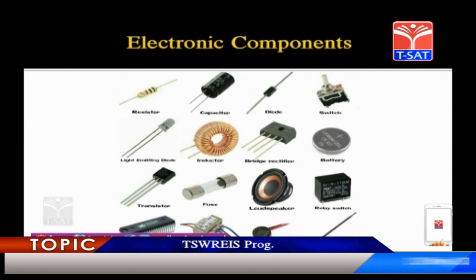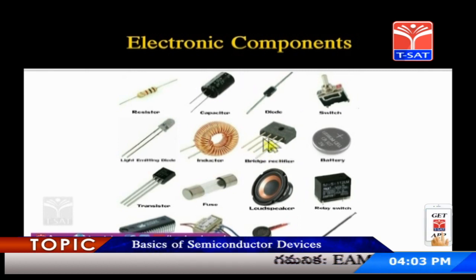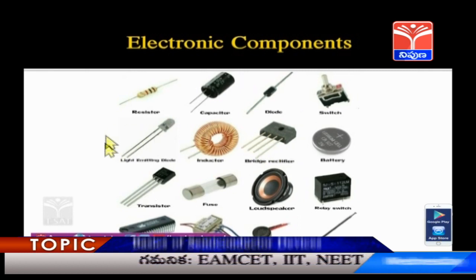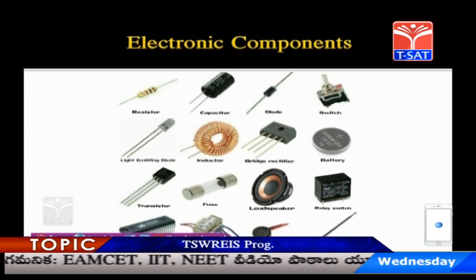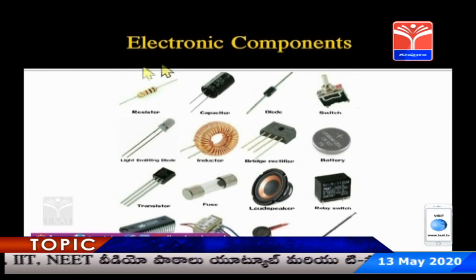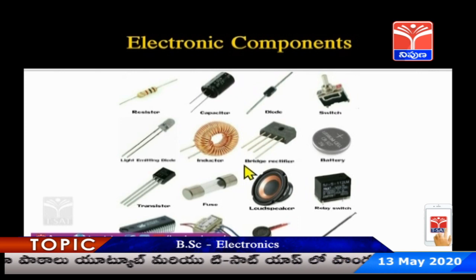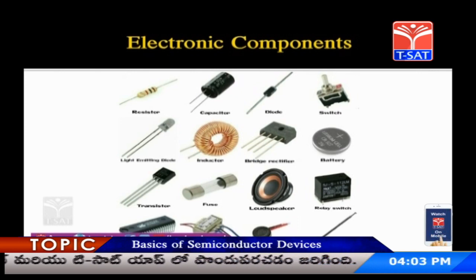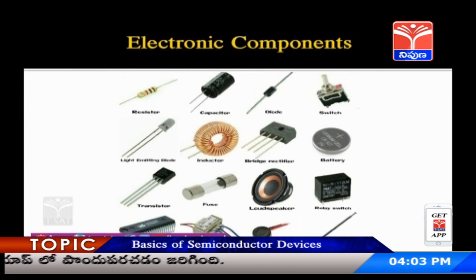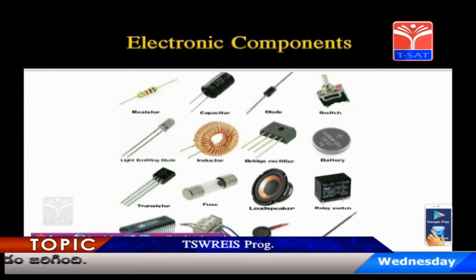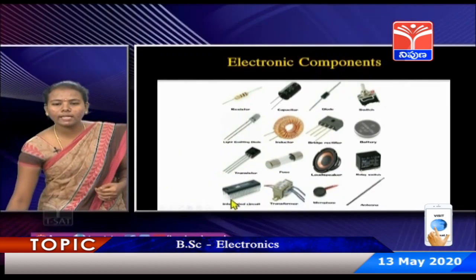There is a resistor, capacitor, diode, rectifier, light emitting diode and integrated circuits. These are all electronic components. In all the PCs, personal computers and mobile phones, we have these integrated circuits.